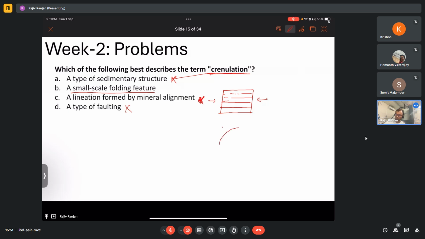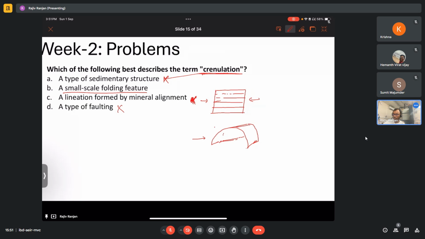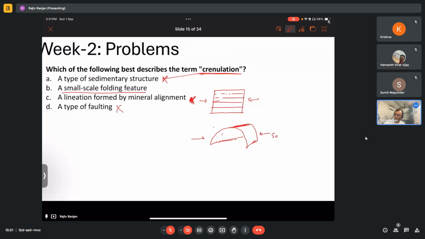So what will happen? This will become something like this. You will see a generation of new foliation. So this is S0 and this is S1. And then if this S1 gets folded, how will it look? Something like this.